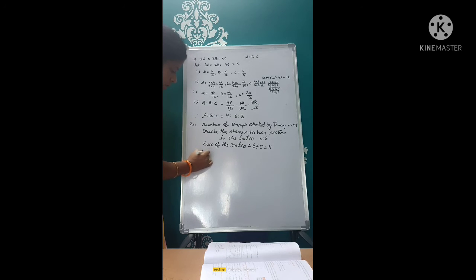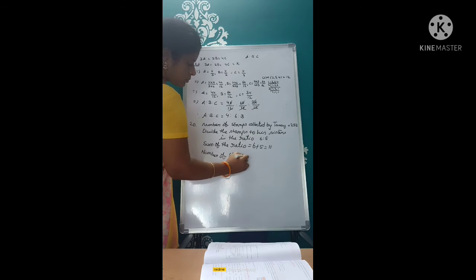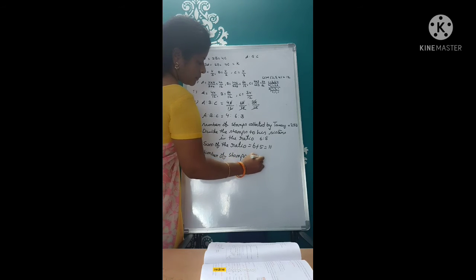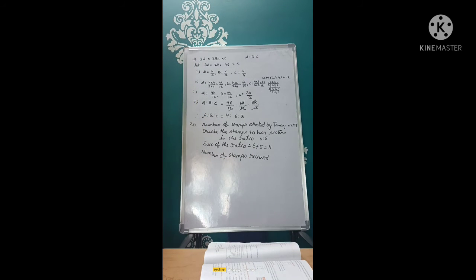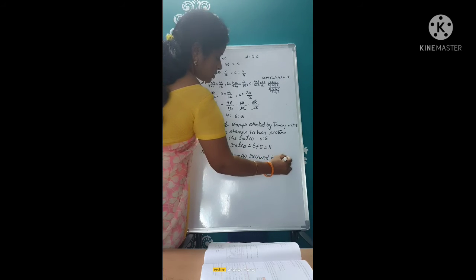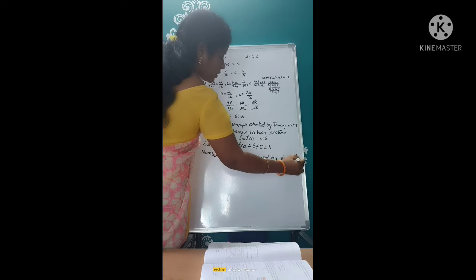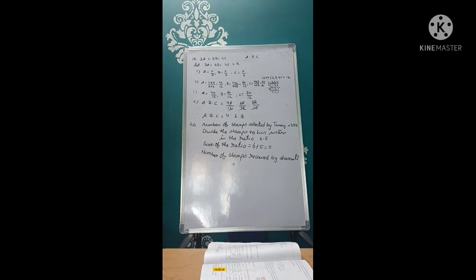So number of stamps received by Shamali equals Shamali's share by total ratio.